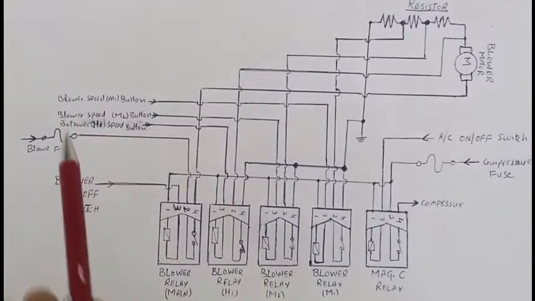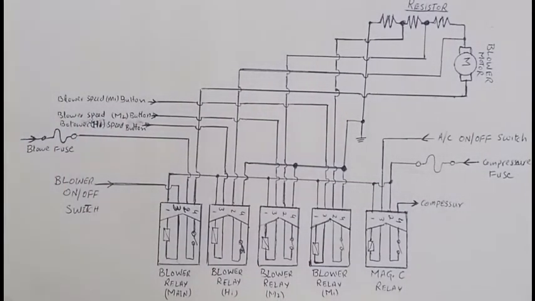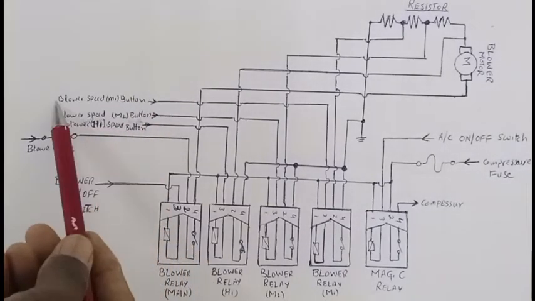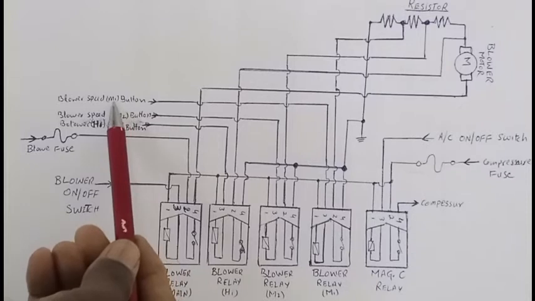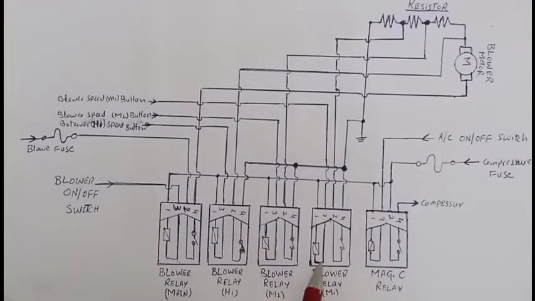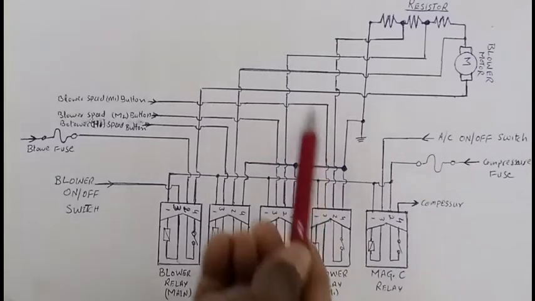When we want to make the speed go down more, slower, we switch on the M1 button. So what is happening? This relay is energized, because now the circuit is complete from this to this side.